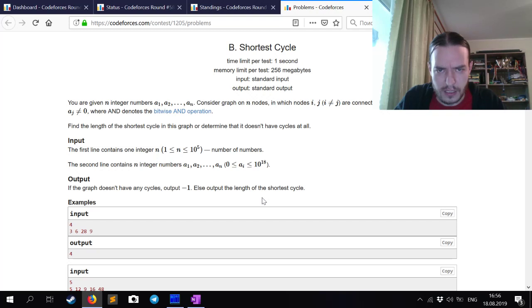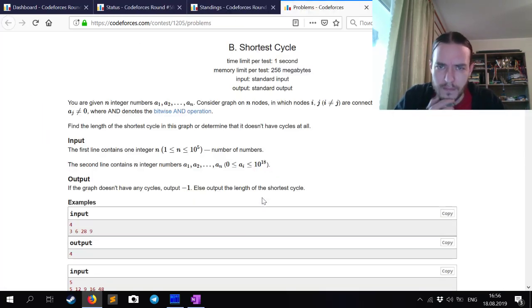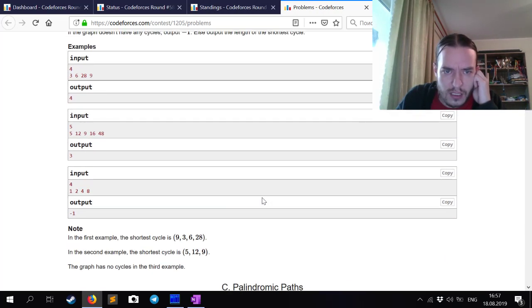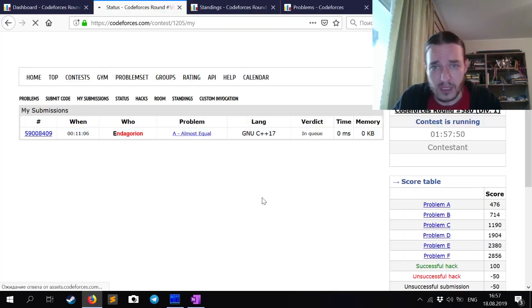Okay. So the shortest cycle on integers, where the numbers are connected if they have a common bit, basically.